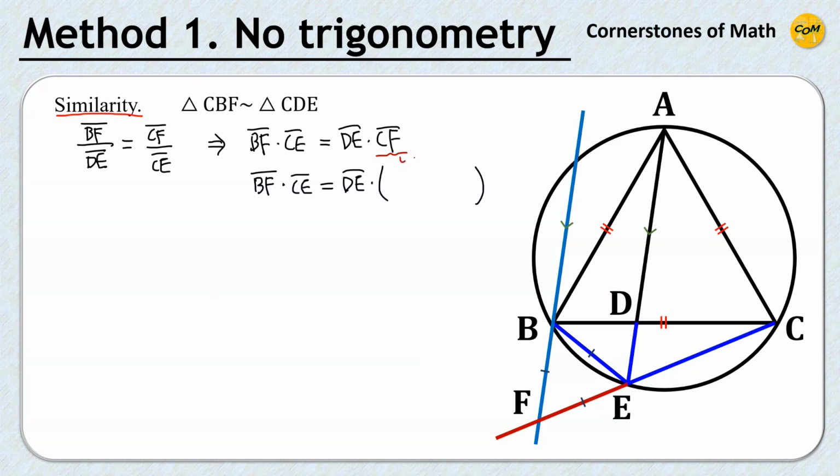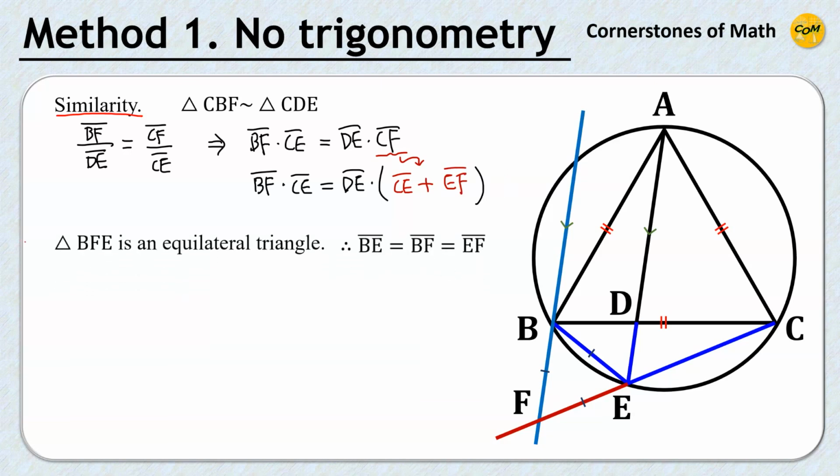Here we can write this CF as CE plus EF. And now let's use the previous result, which came from the fact that triangle BFE is an equilateral triangle, hence BE equals BF equals EF. That is, instead of these BF and EF, we can use the length of BE.